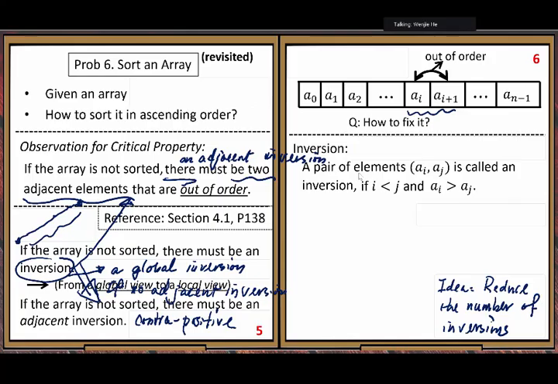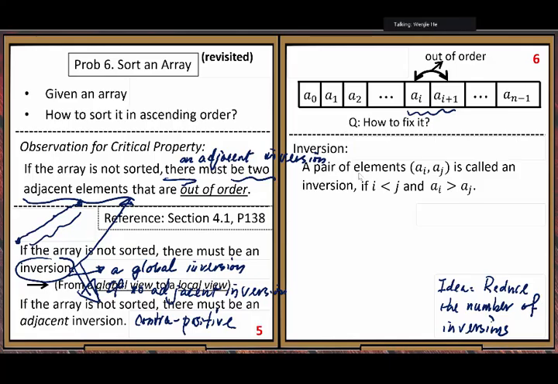When we encounter the current inversion, what should we do to remove it? We detect one inversion and we want to remove it. We just swap those two elements. Then the inversion is gone.